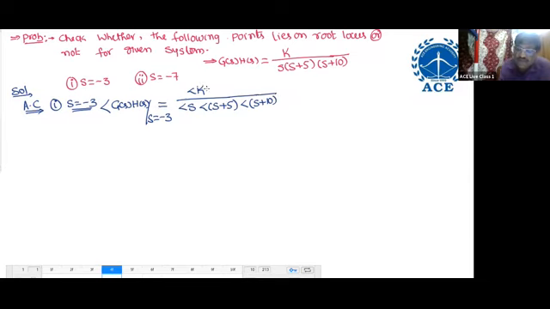If you substitute S equal to -3, what are you getting? Angle of K divided by angle of S, which is -3, then -3 plus 5, and -3 plus 10.